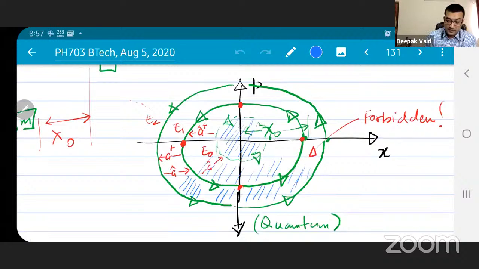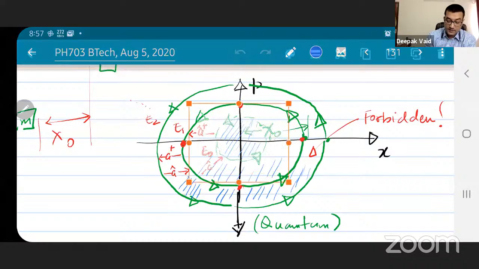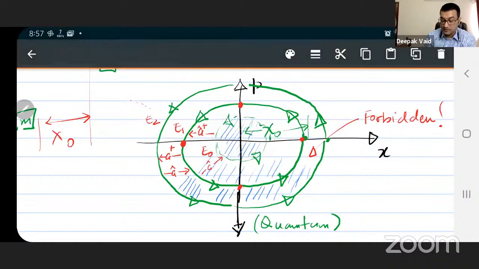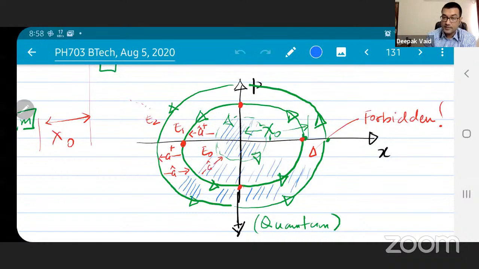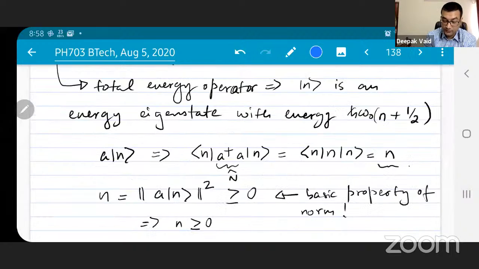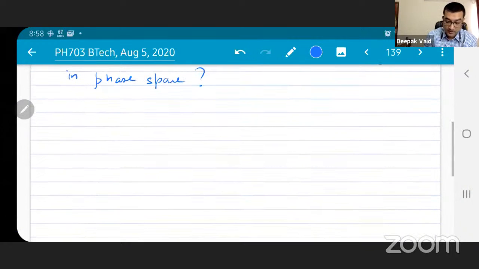What that means is that the trajectory cannot shrink below a certain size. Another way of saying that is that the area in phase space cannot be less than a certain minimum value.